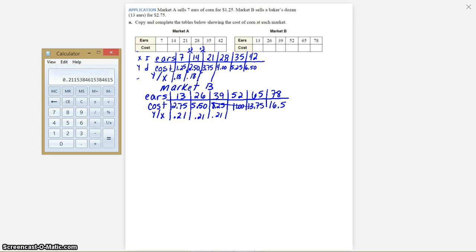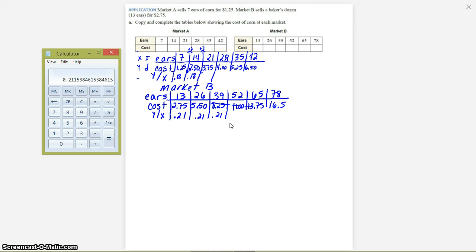So what does that mean? Each ear of corn for market A is going to cost 18 cents, and each ear of corn for market B is going to cost 21 cents. There's not an actual question, but if the question were which one is cheaper, the answer would be market A. I bet we're going to see that sometime later.